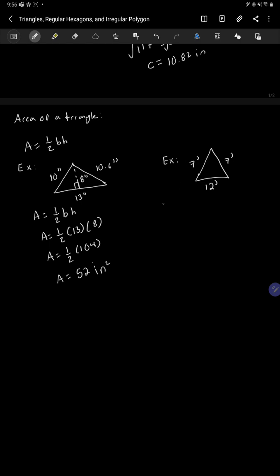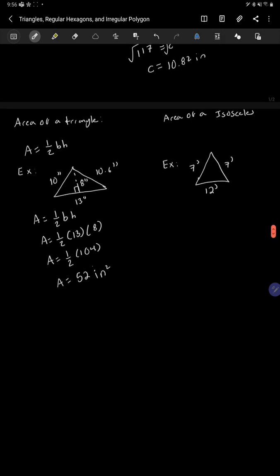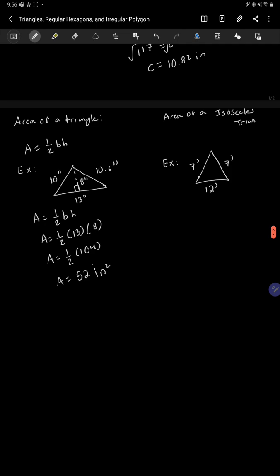And so what does that mean? If I ever want to find the area of an isosceles triangle, meaning that it has two sides that are the same, this is going to be my formula.